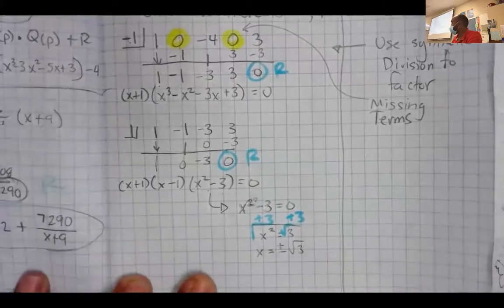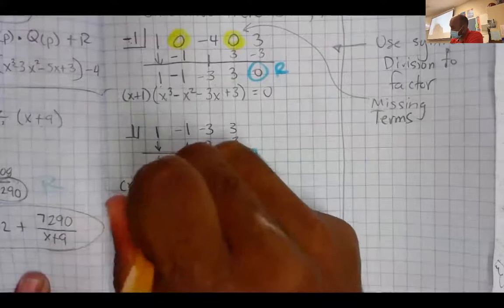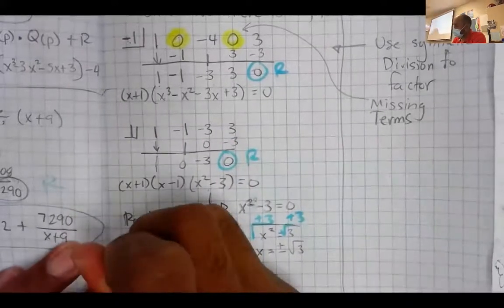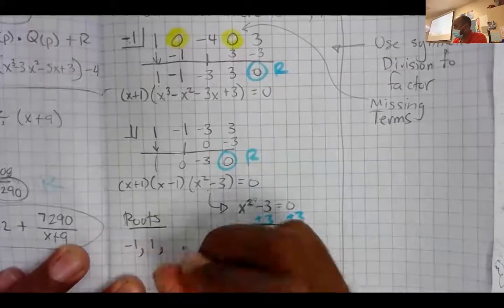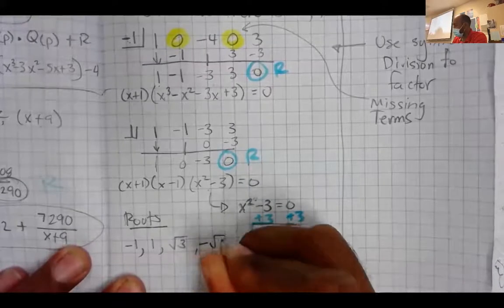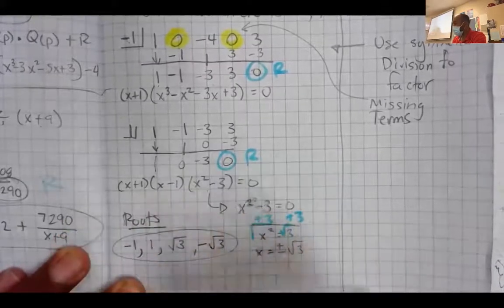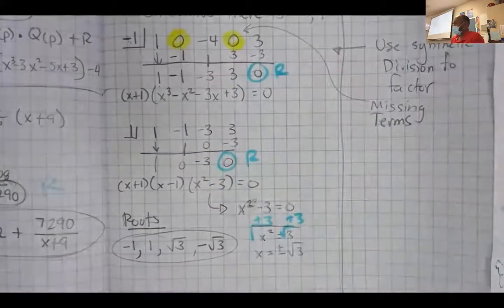All right, so now the question obviously was, what are all the roots? The roots are -1, 1, positive square root of 3, and negative square root of 3. So now we know all the roots. So I'm basically using synthetic division to factor out this whole thing.